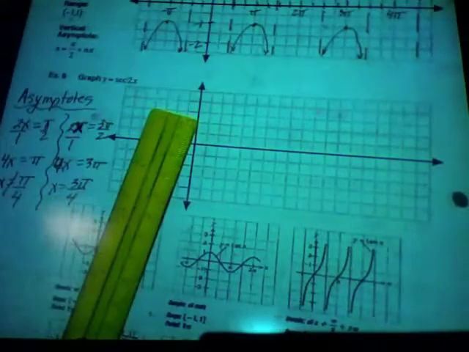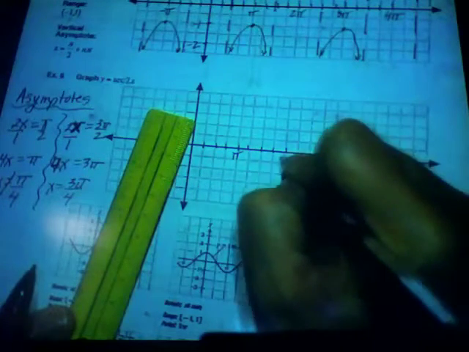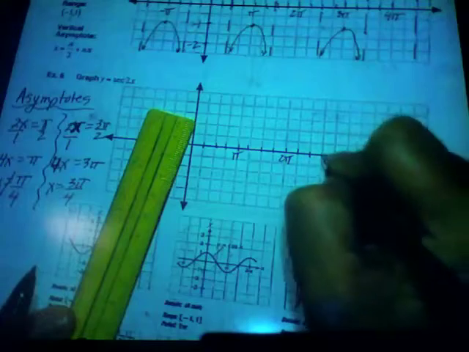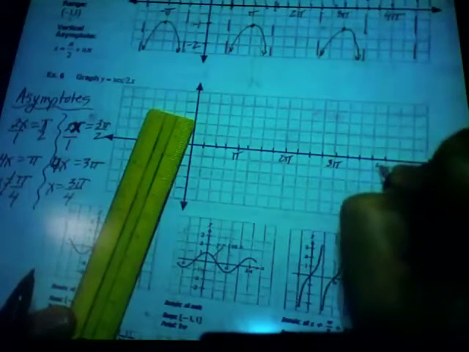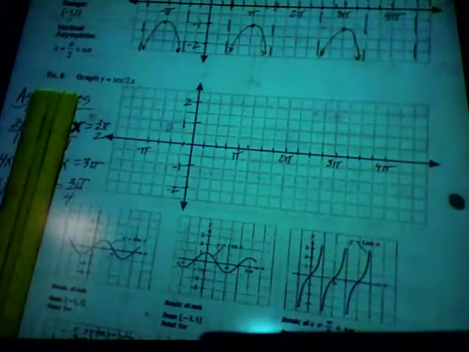So start by labeling your graph, and again your vertical axis go by pi's.